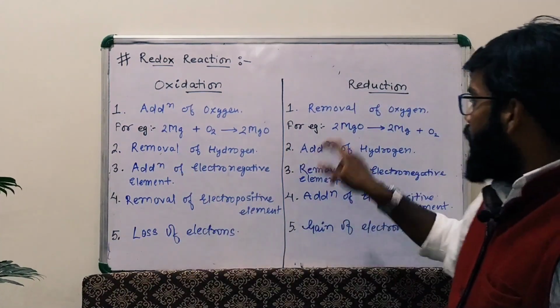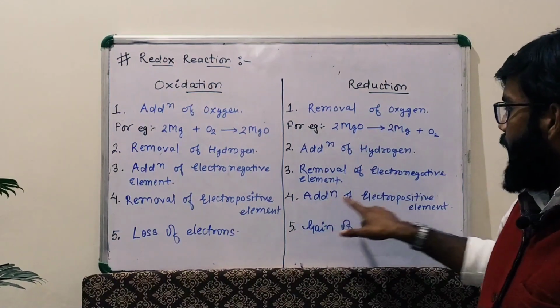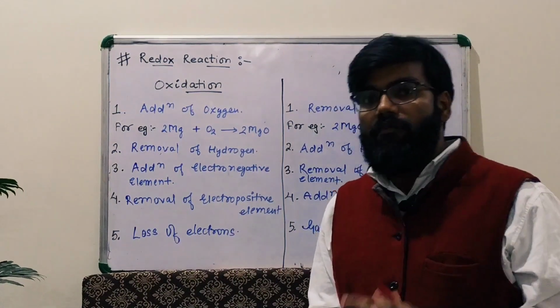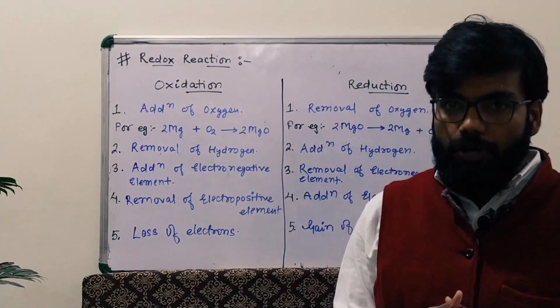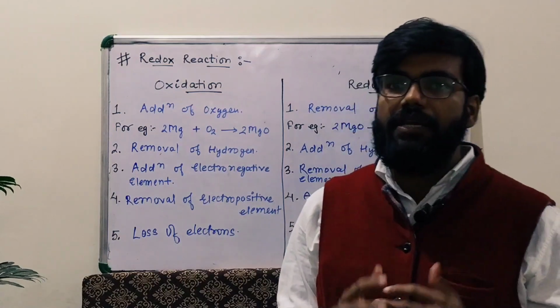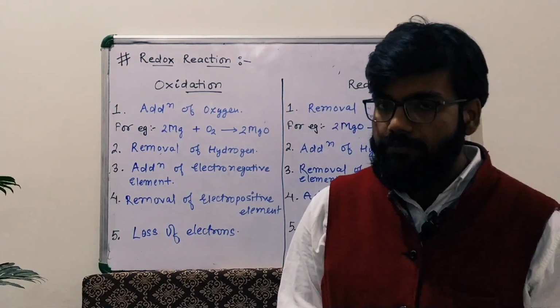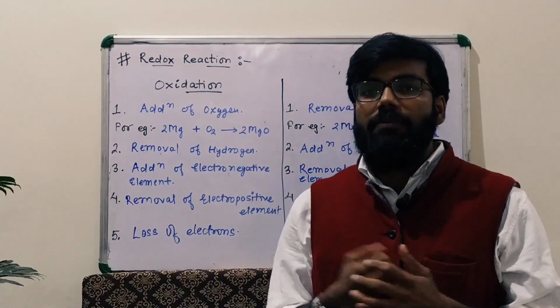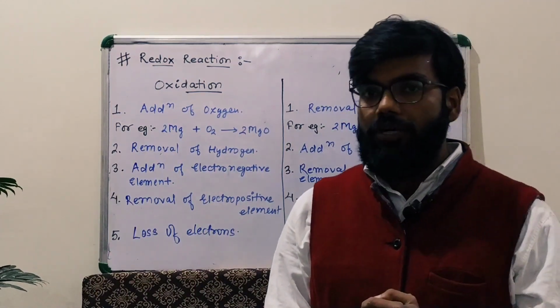So for reduction, you can write addition of electropositive element. The last and modern definition was given in terms of electrons. Oxidation is a chemical process in which loss of electron takes place, and reduction is a chemical process in which gain of electron takes place.